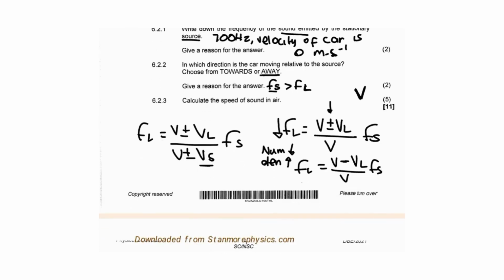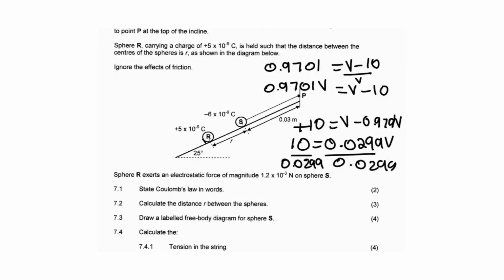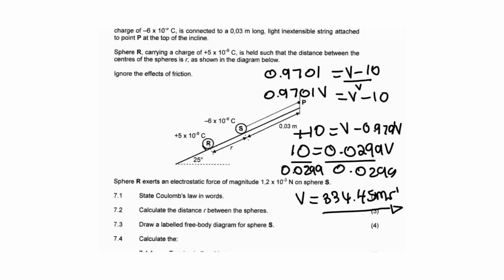Now we can start plugging in our values. Dividing everything by 0.0299, V would be equal to 10 divided by 0.0299, which gives me 334.45 meters per second. That is our final answer for V, the speed of sound in air.